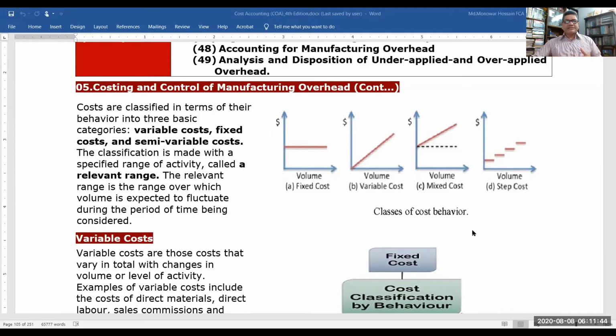This relevant range is the range over which volume is expected to fluctuate during the period of time being considered. So if we look here, this is the volume of fixed cost, this is the volume of variable cost, and this is the volume of mixed cost and the volume of step cost.